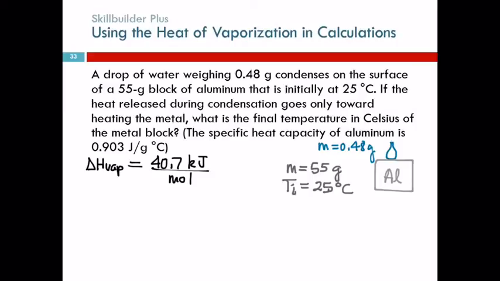What else are they telling us in this problem? The specific heat capacity. Do you remember the letter that we used for that? There's that Q equals mcΔT. This is the c. So c for aluminum is 0.903 joules per gram degrees Celsius.